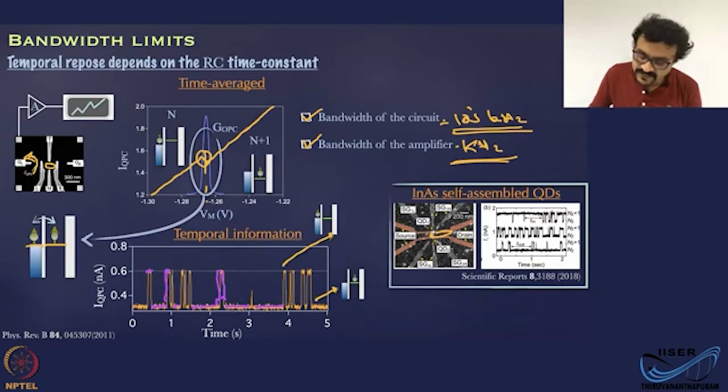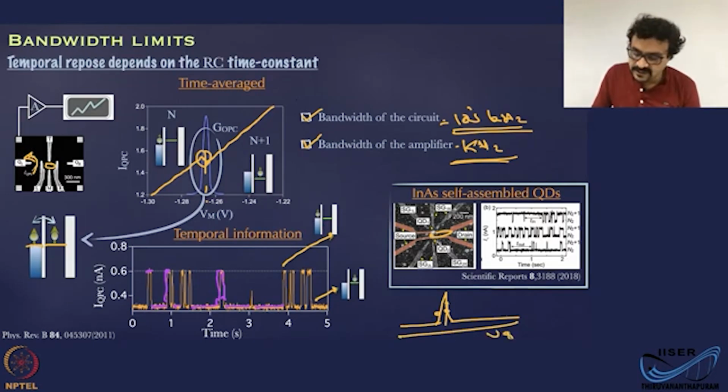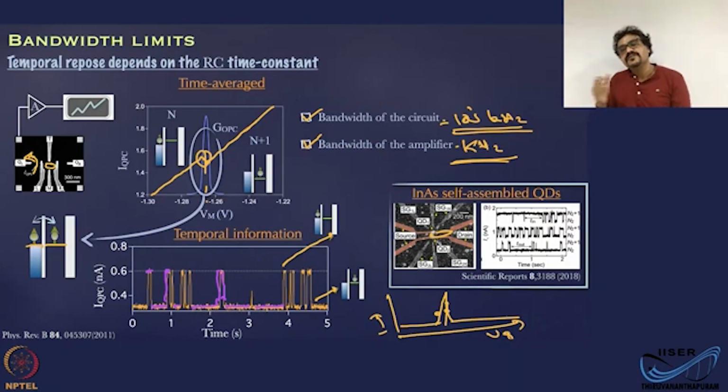And as we know, when you bias the sensor quantum dot on one of the Coulomb blockade oscillations, somewhere here or somewhere here, the current at this point is a strong function of the variation of the electric field. In this case, the current is going to fluctuate very sharply as this nearby quantum dot gets charged or discharged. And that is what is being captured here as the telegraphic signal.